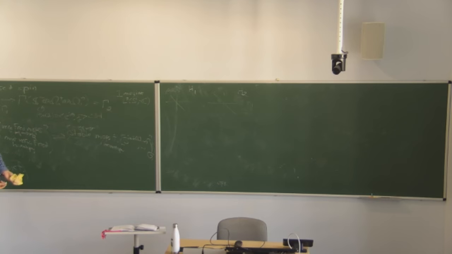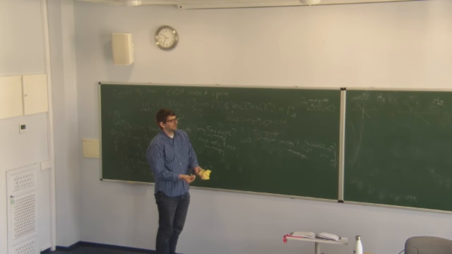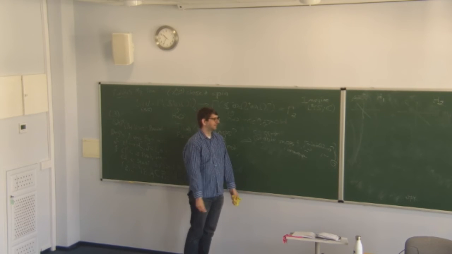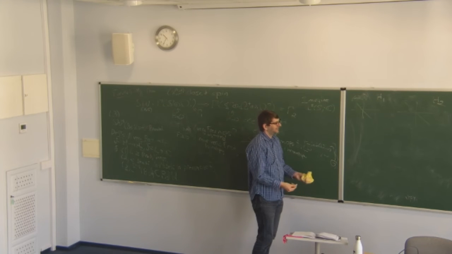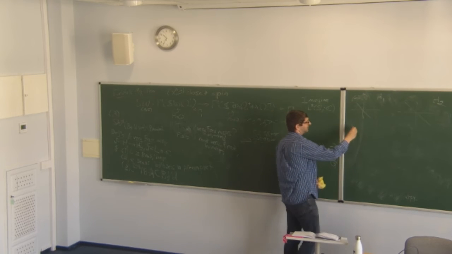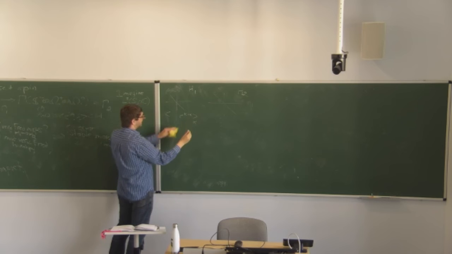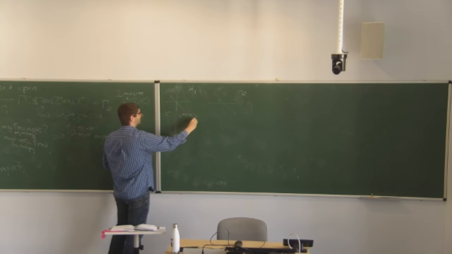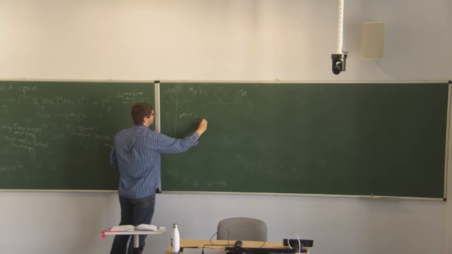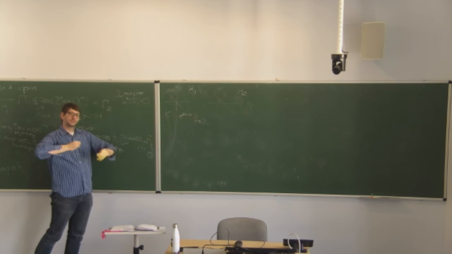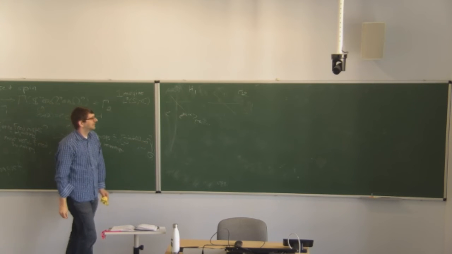Right, you're supposed to think of both H1 and H2 as being L2 spaces on the circle. So they're supposed to just be L2 of the circle. But L2 of the circle has a nice basis in terms of the Fourier functions. So you can imagine that this is pretty much the span of the functions on the circle, e to the imx, where m is in Z. So x is just a variable on the circle, and you have all these basis elements for your Hilbert space, kind of.